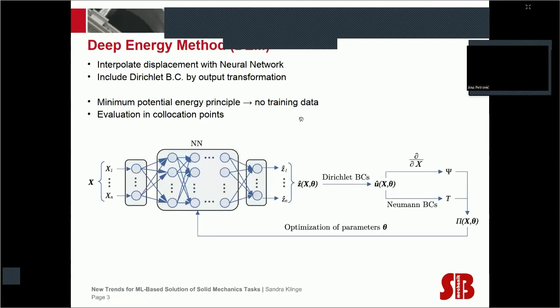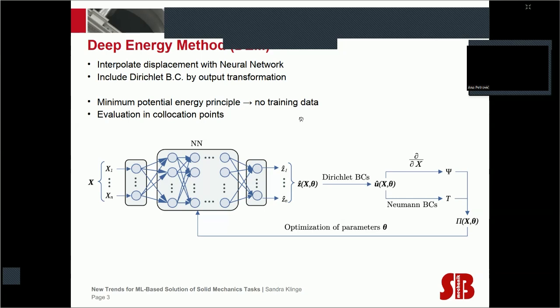Let's start with the modeling of damage as a basic model for simulation of this phenomenon. We took the so-called deep energy method, which is nowadays already established as a counterpart for the finite element method. And you can see here the structure of the deep energy method.